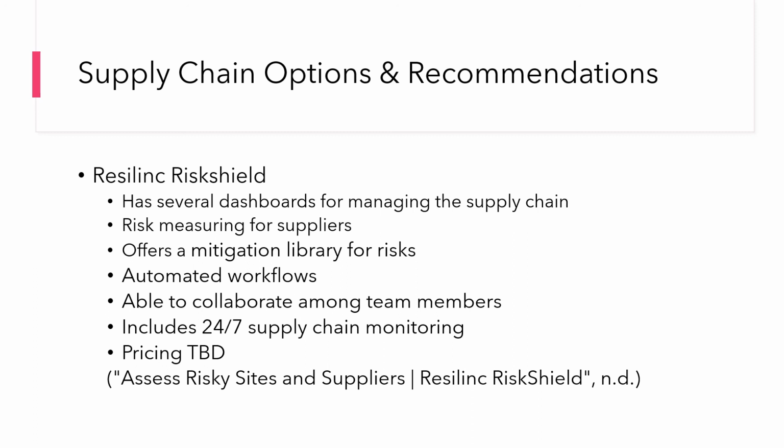This software allows for automated workflows and collaboration amongst team members who use it. 24/7 supply chain monitoring is also included via another Resilink product that comes with Risk Shield. While the price for the software is not listed on their website, it is the better option for supply chain risk management software as the company is widely respected.